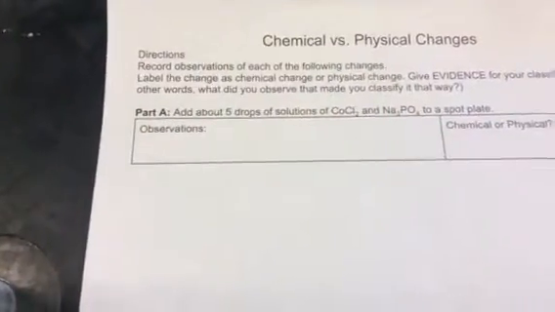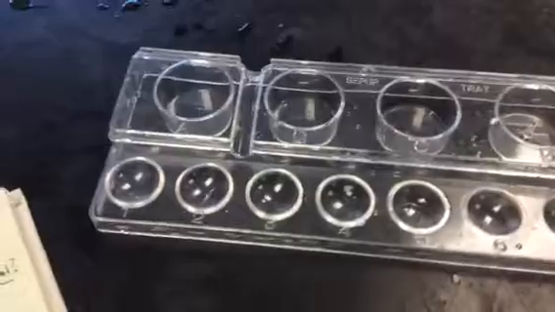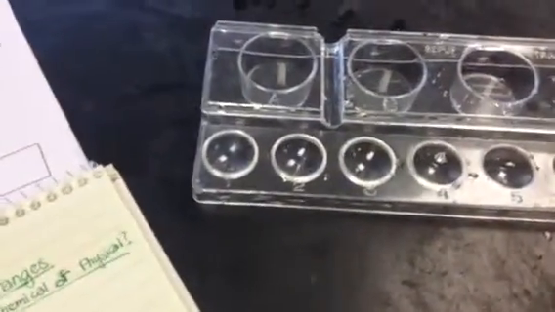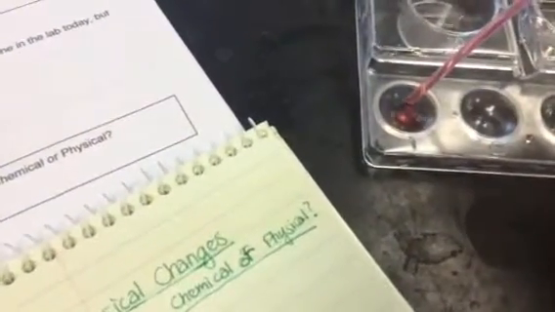So we're going to just start with part A. Part A says add about 5 drops of cobalt chloride and sodium phosphate to a spot plate. So here's my spot plate, and I'm going to add 5 drops of cobalt chloride. 1, 2, 3, 4, 5.